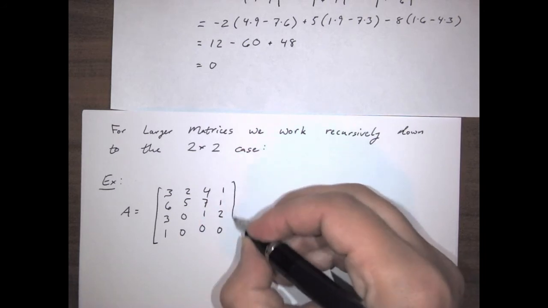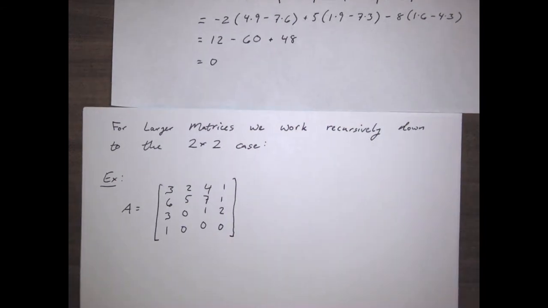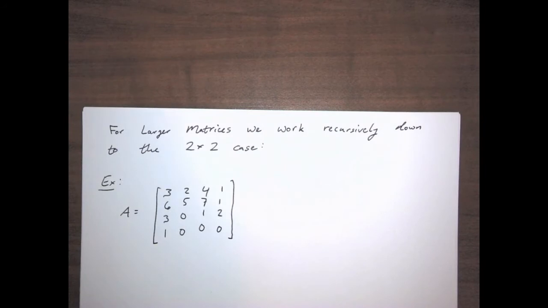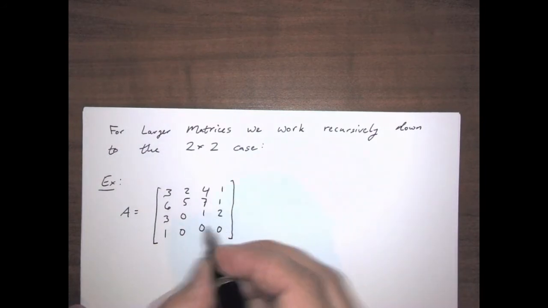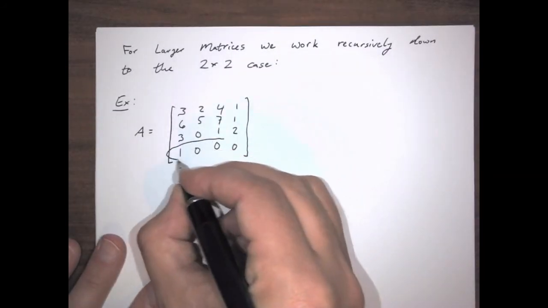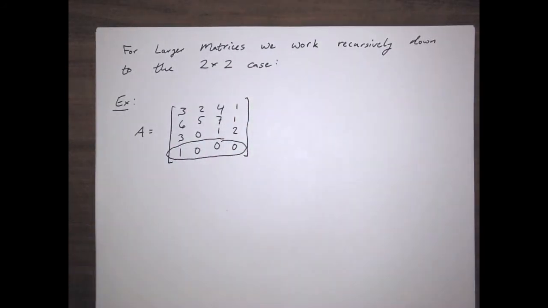So looking at this, strategically speaking, it is vitally important for us to find the row or column that has the most zeros. So look for the one with the most zeros. So in particular, row 4 is our best bet here.